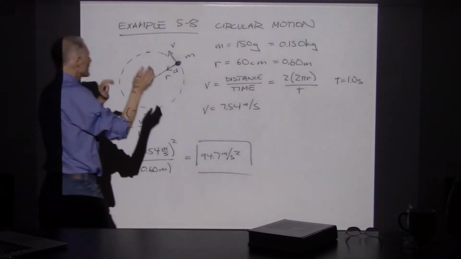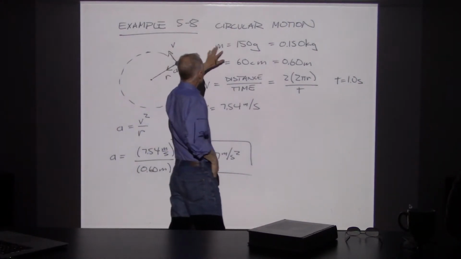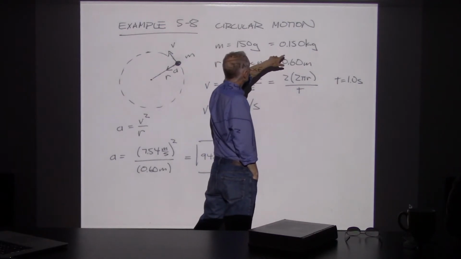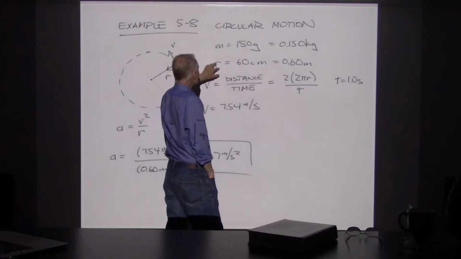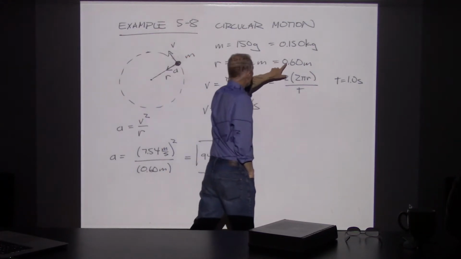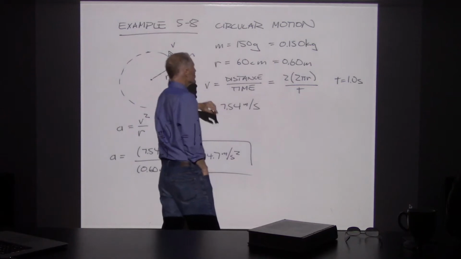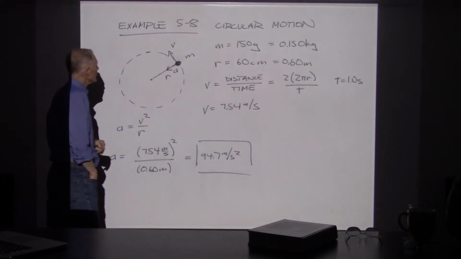Now I wrote down the given information. The mass here, 150 grams or 0.150 kilograms. The radius, I converted into centimeters, so I guess we need to convert it back into meters because we'd like to stick with standard units here.